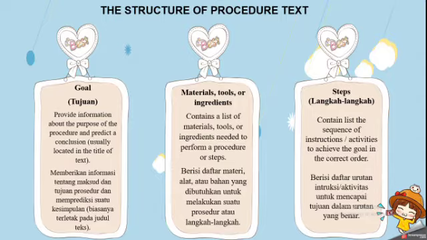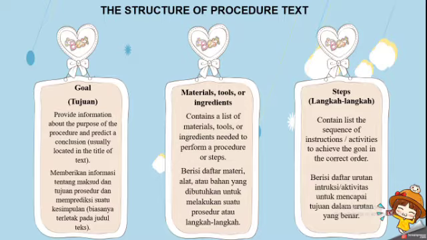The second is materials or ingredients that contains a list of tools or ingredients that needed to perform a procedure or steps. Biasanya di sini terdapat bahan atau alat yang dibutuhkan untuk melakukan suatu prosedur atau langkah-langkah.